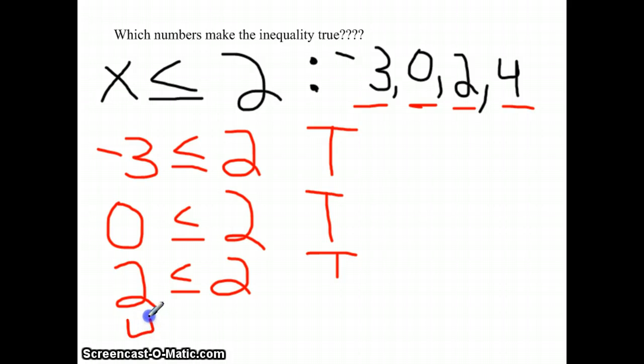It says 4 is less than or equal to 2, and we have to think about this. Is 4 less than 2? Well, 4 is not less than 2. Is 4 equal to 2? And 4 is not equal to 2 either, so we've canceled both of those out. So this statement is actually false.